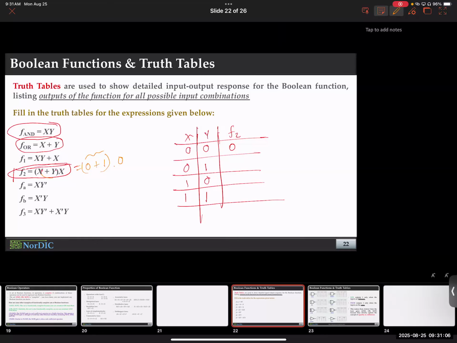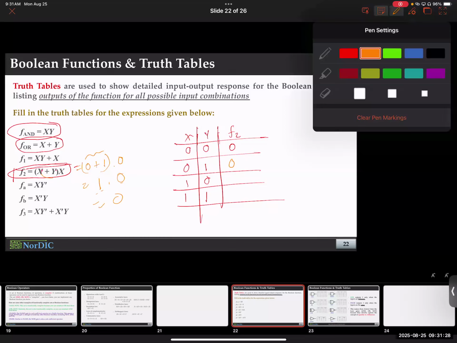If you don't remember, just look at the truth table for the OR. And this is 1 and 0. And any AND with 0 is basically going to get 0. AND is only going to give you 1 when both of the operands are 1, which is not here, right? So you're going to get 0 again.